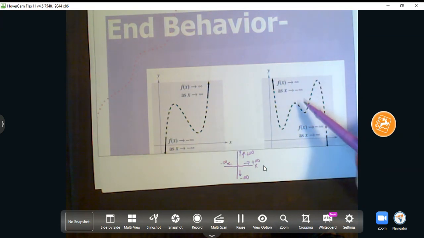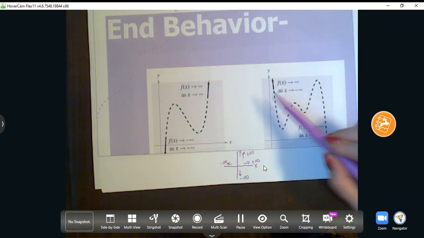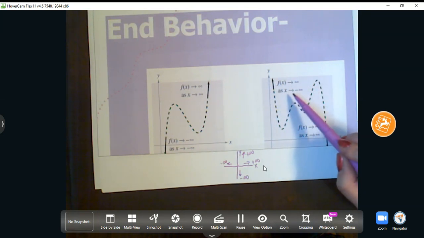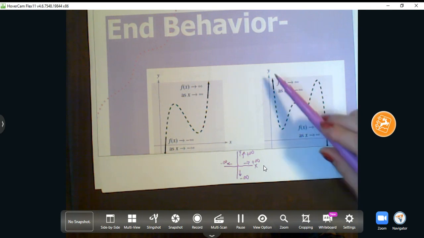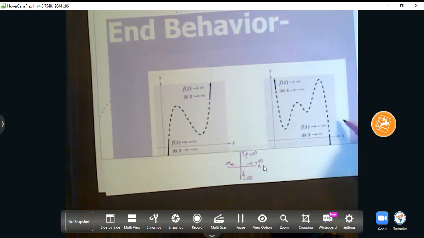On our other one, notice that on the left side of the graph, this time I'm pointing up. So I'm still on the left side of my graph, so my x is still going towards negative infinity, but because we're pointing up, now f of x is going towards positive infinity. And on the right side, we're the opposite. So x is going towards positive infinity, but because we're pointing down, f of x is going towards negative infinity.